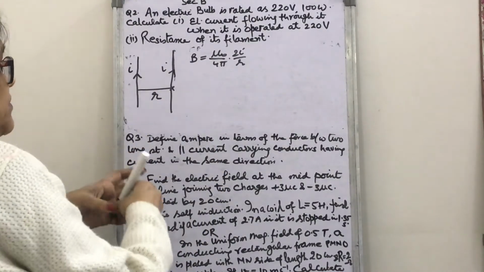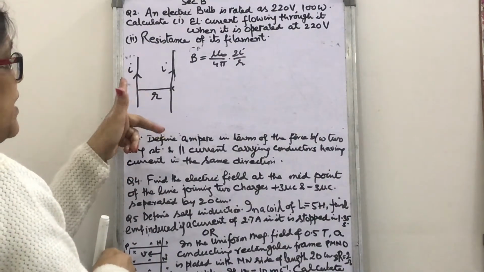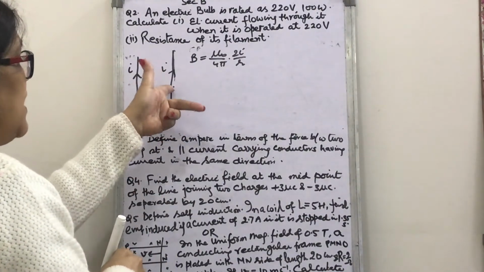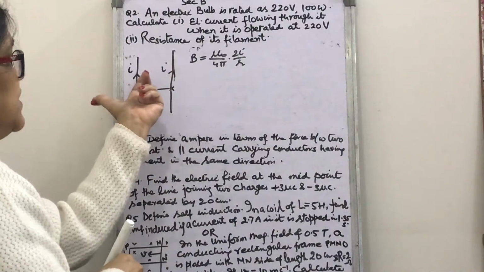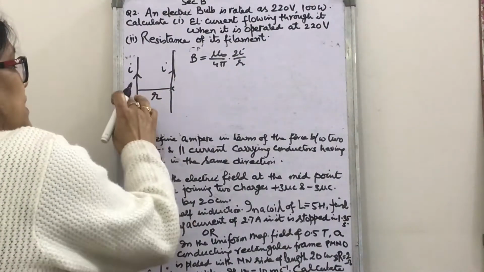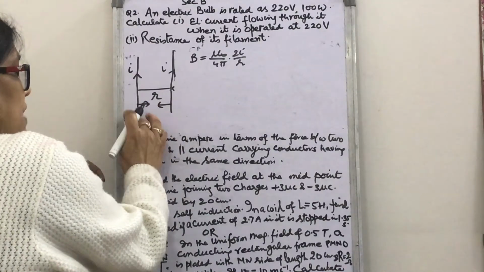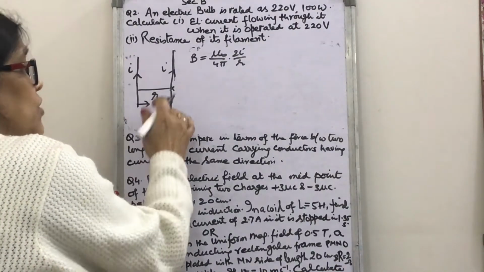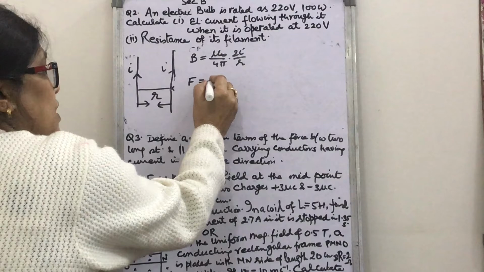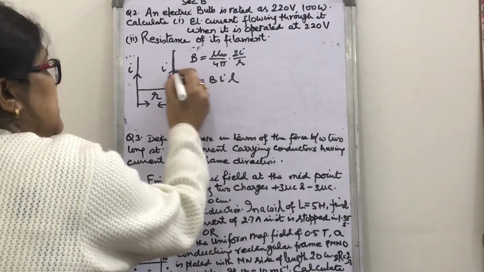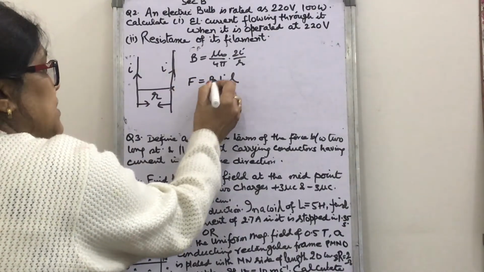Law, this BIL. Okay, B is here, this one, I is here, this one, and force in this direction. Similarly, this wire will experience force in this direction. Both will attract each other. With how much force? This force will be BIL. This I, both are the same. What is B here?